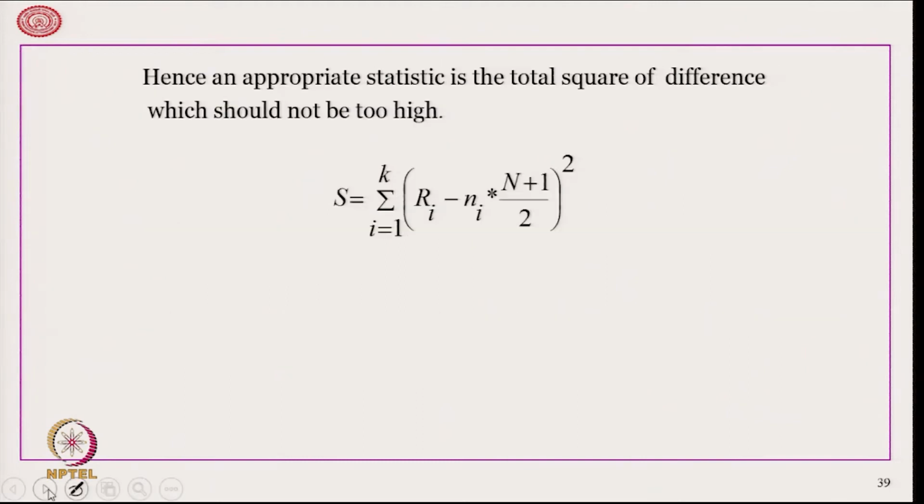Therefore, an appropriate statistic is how much the expected sum of rank differs from the obtained sum of rank. So, we are taking the sum of the square of the differences for i equal to 1 to k. That is in some sense giving us the idea of how much it is varying from equality of distribution.